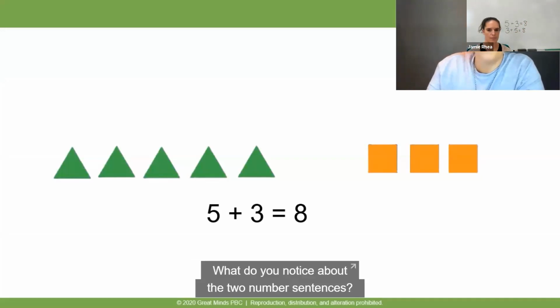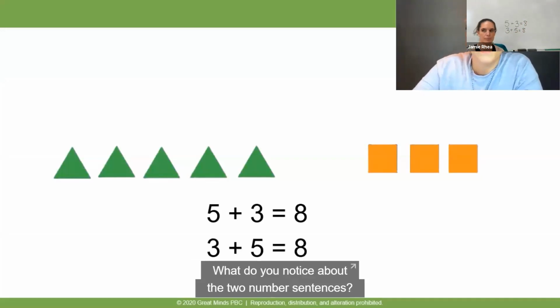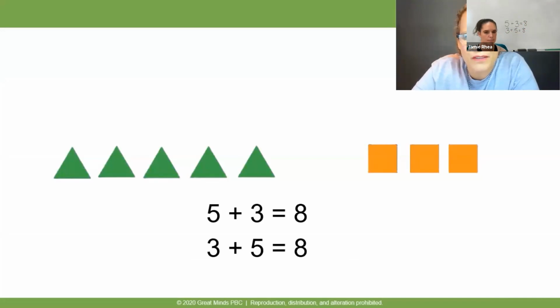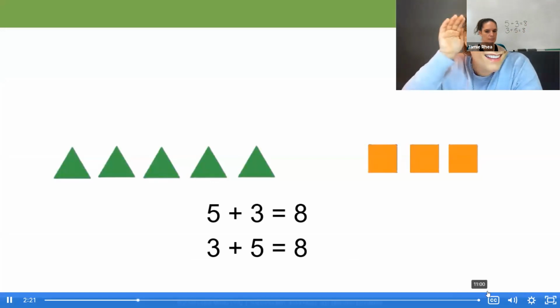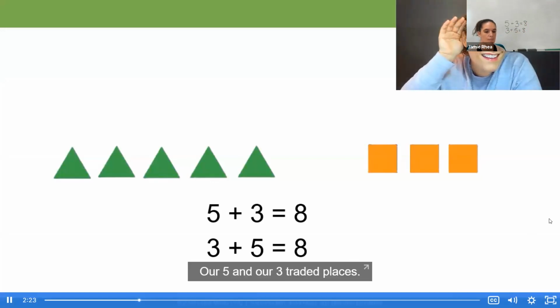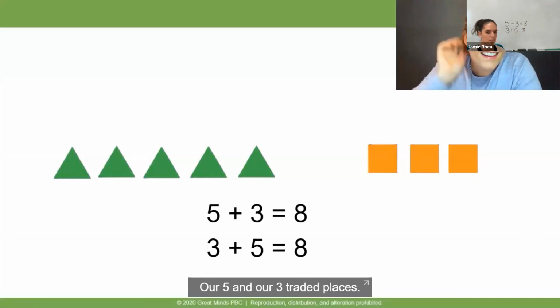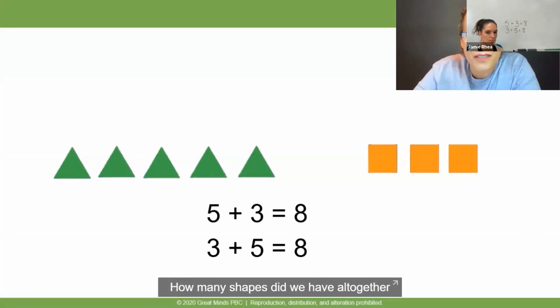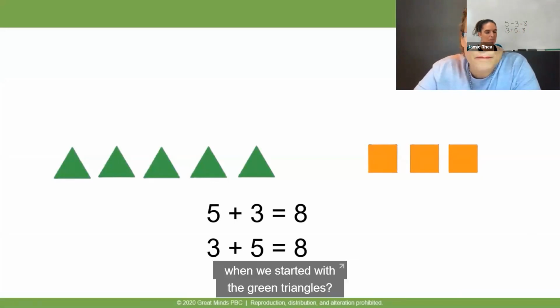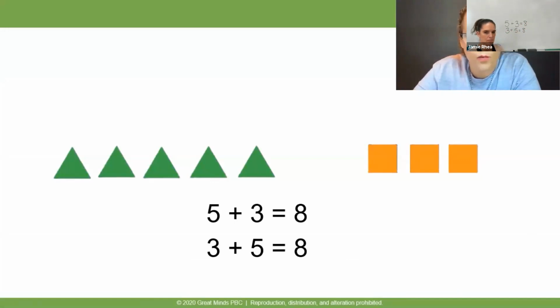Let's check. What do you notice about the two number sentences? Our 5 and our 3 traded places. How many shapes did we have all together when we started with the green triangles?